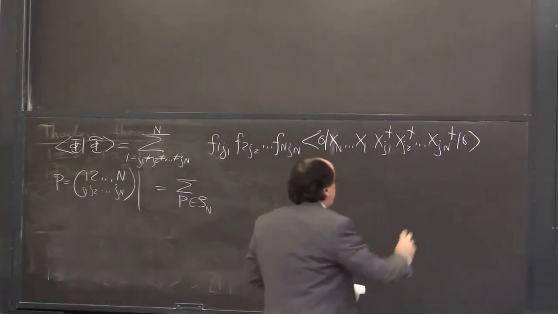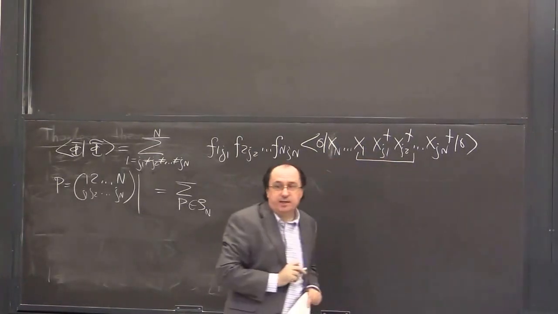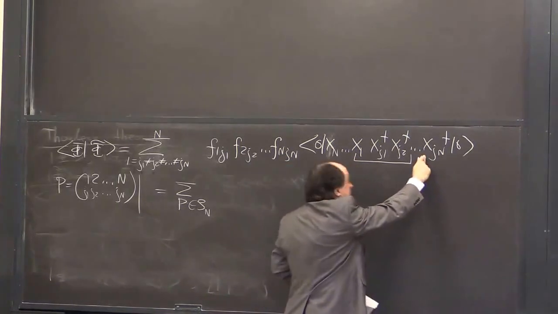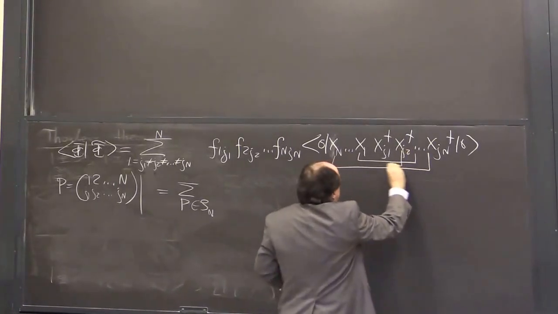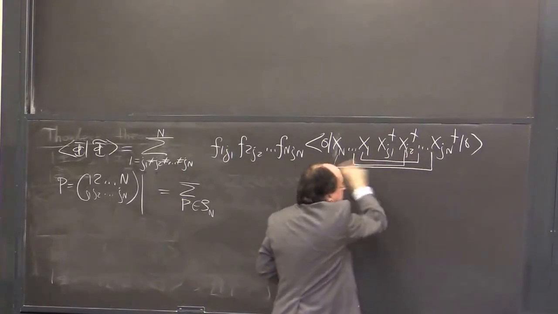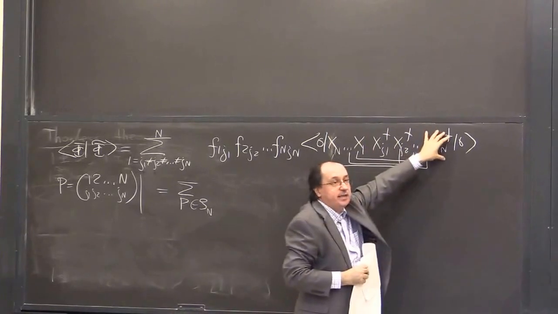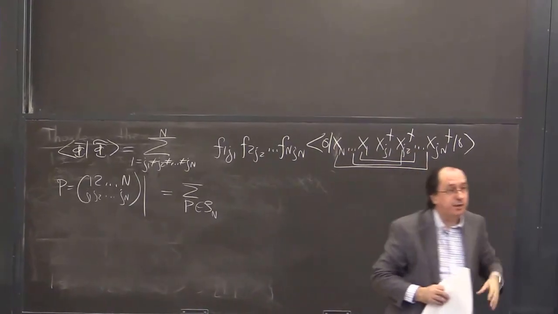So I have to perform a full contraction. x1 must be going somewhere where x1 dagger is in this permutation. x2 must be going somewhere where x2 dagger is. xn must find its partner here. So there will be all possible contractions involving x operators with their x dagger partners, typically scrambled because the j's are permuted.